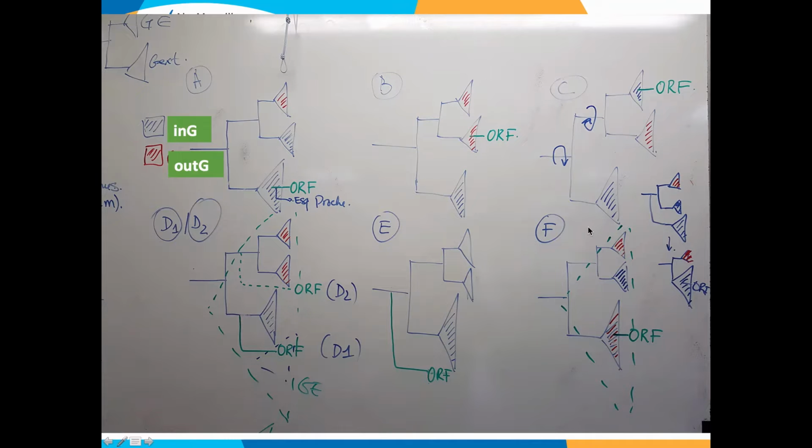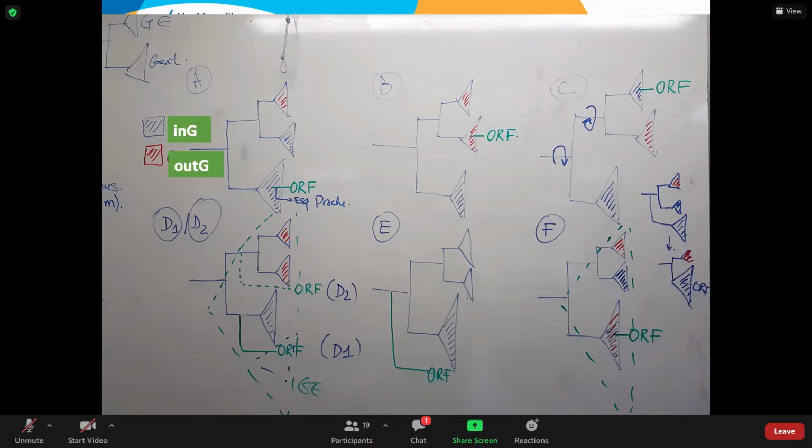I cannot see the chat down there. Yes, I see someone. B, bad tree. Okay, it's a bad tree. I agree with you.